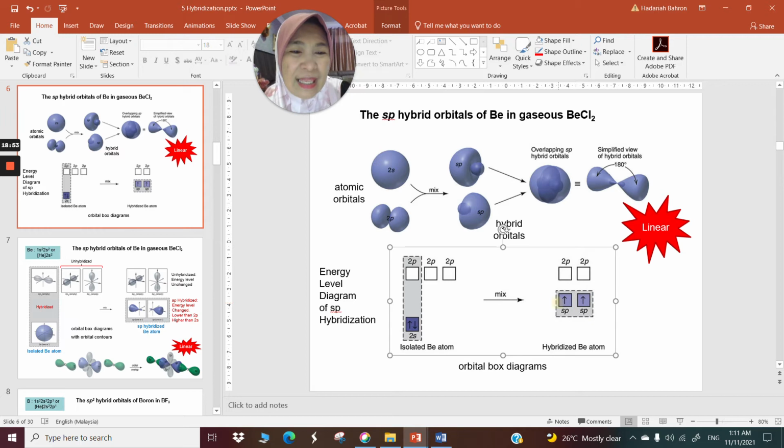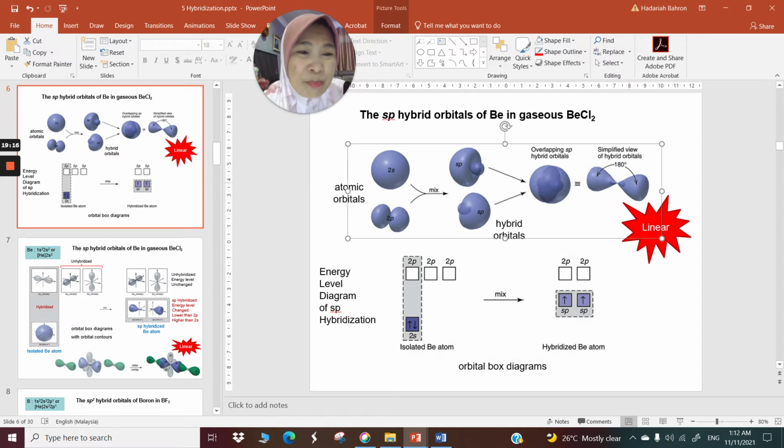They are still in the same energy level as each other, but this location is in between s, your original s, and p. It is right here in the middle. So that is the hybridized beryllium atom in the sp manner, the sp hybrid orbital.